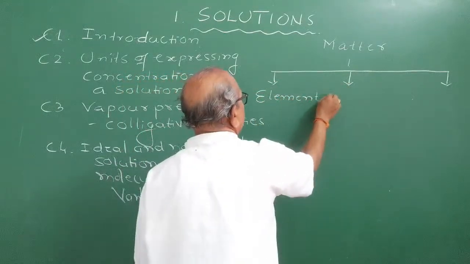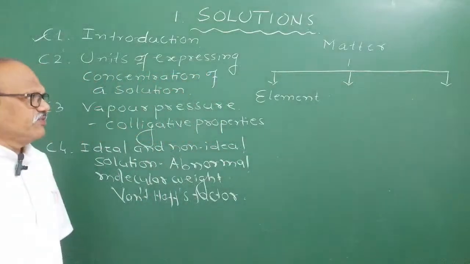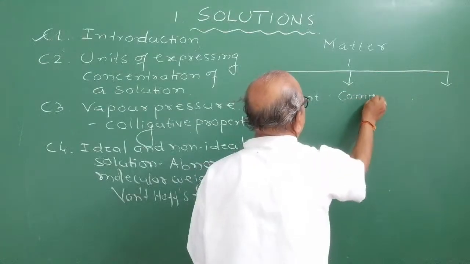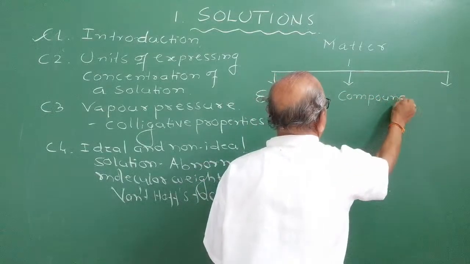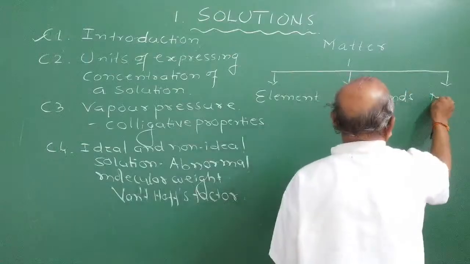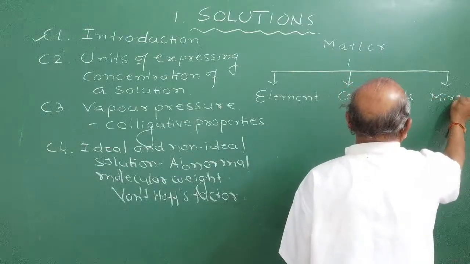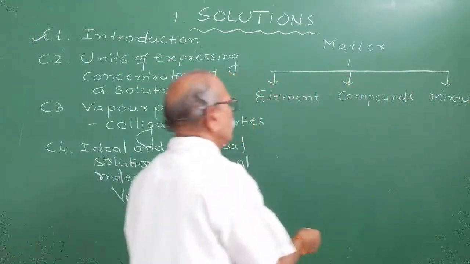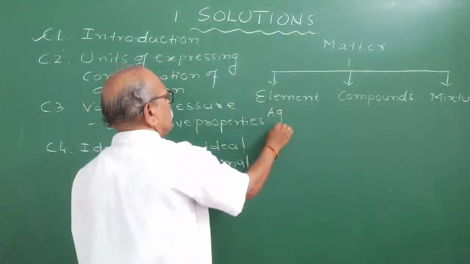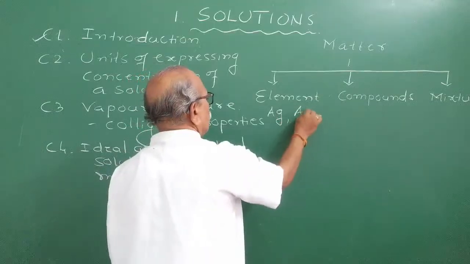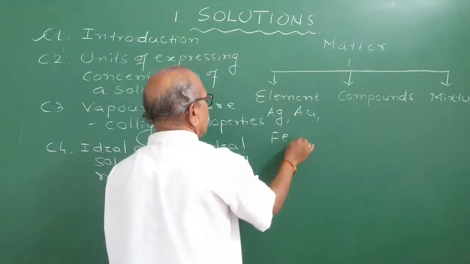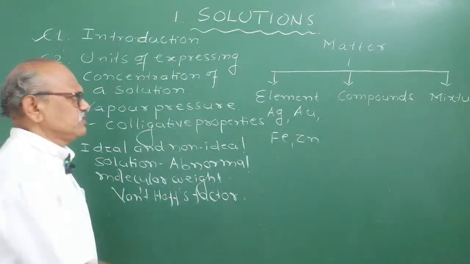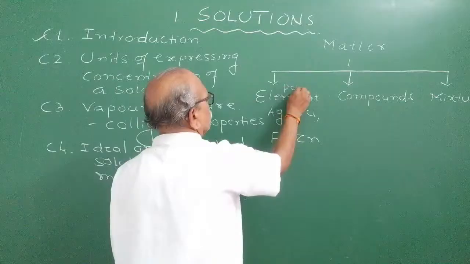Any substance you take in chemistry is classified into one of these. For example, gold, silver, iron, zinc, they are all pure elements. They are pure substances.